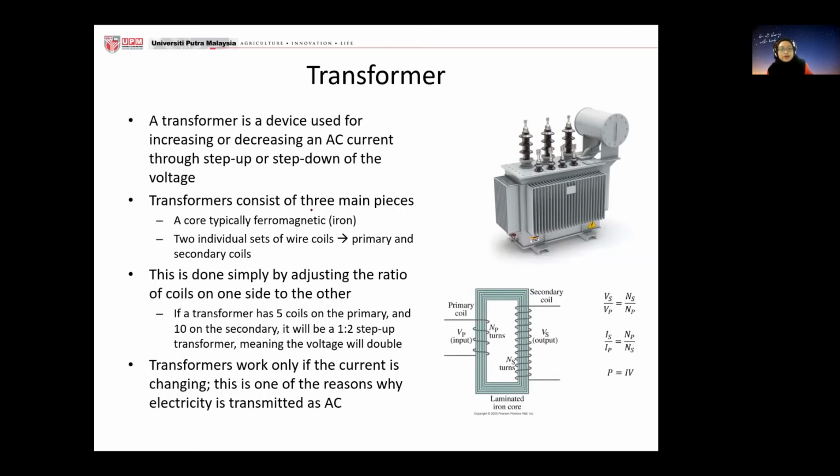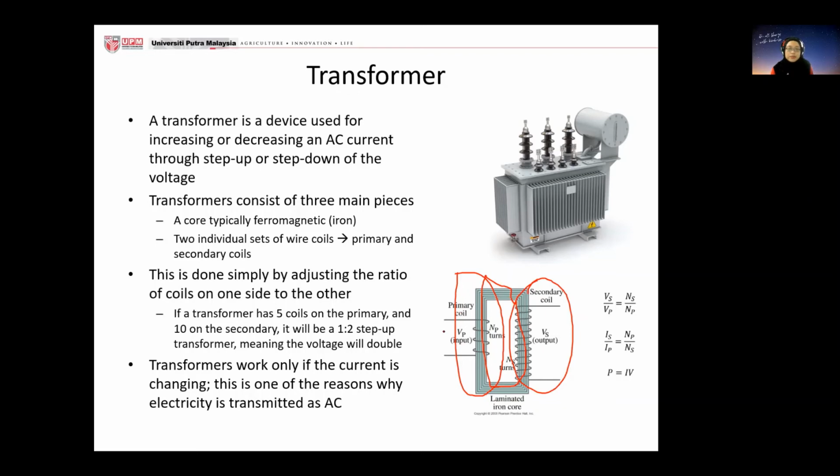Transformers consist of three main pieces. You have your core, this one is your core, and then you have two individual sets of wire coils: your primary coil and your secondary coil.